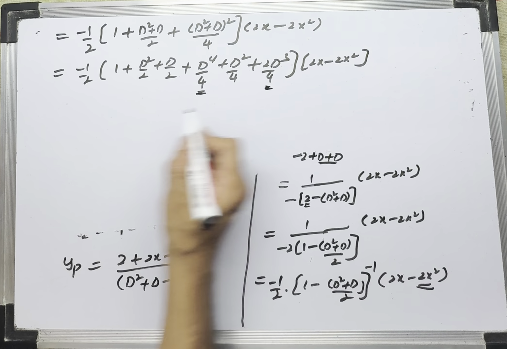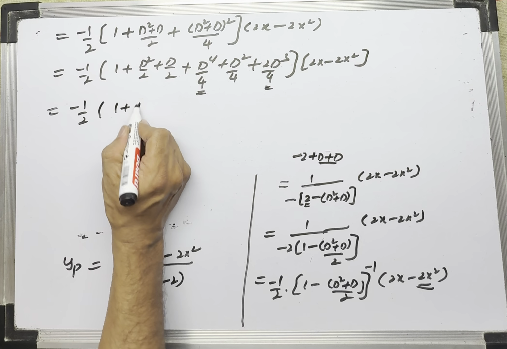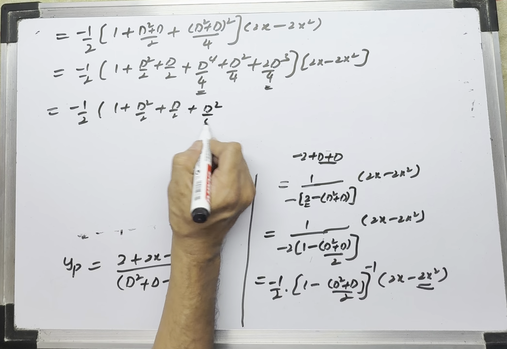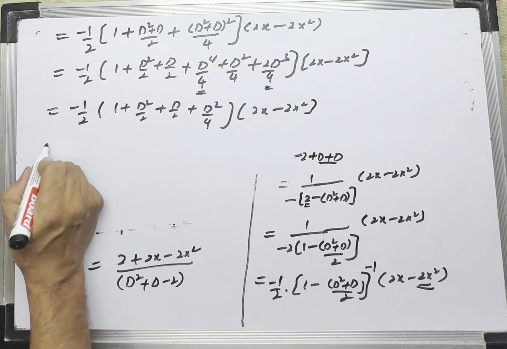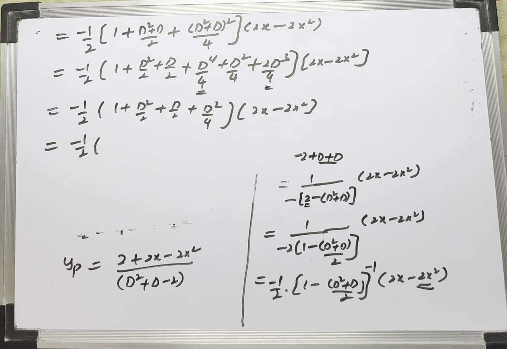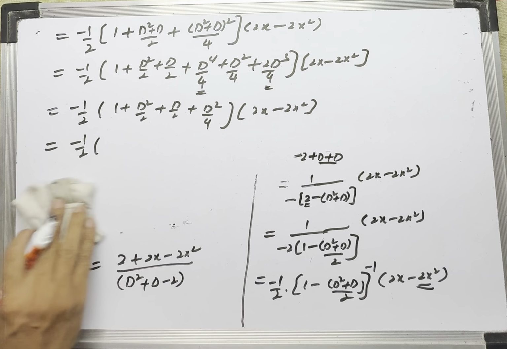This one we need to discard. Then 1 plus D square by 2 plus D by 2 plus D square by 4 into 2x minus 2x square. You can simplify D square and D terms also, but without simplification also we can do. 1 we will multiply to this.